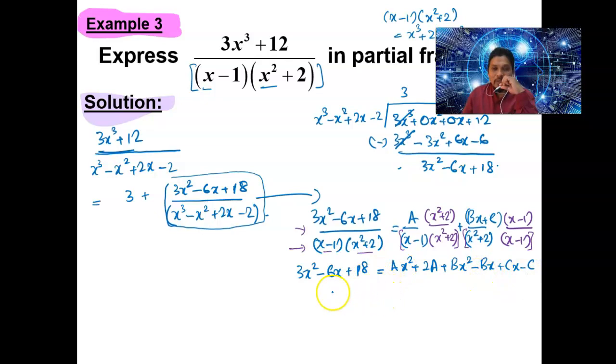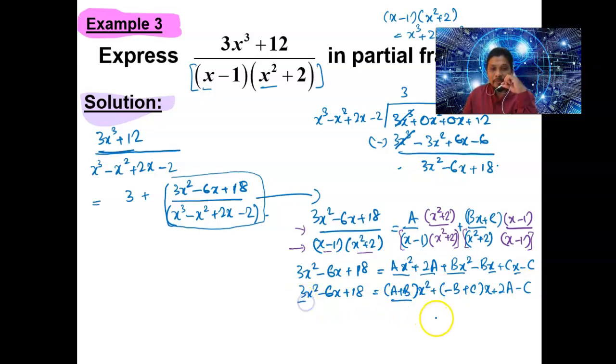Okay, so now we're going to compare 3x squared minus 6x plus 18 equal to Ax squared with Bx squared, A plus B, x squared. And for the coefficient of x, we have negative B and C. Then next is 2A minus C. Okay, now we are going to compare the coefficient of x squared, A plus B with 3.